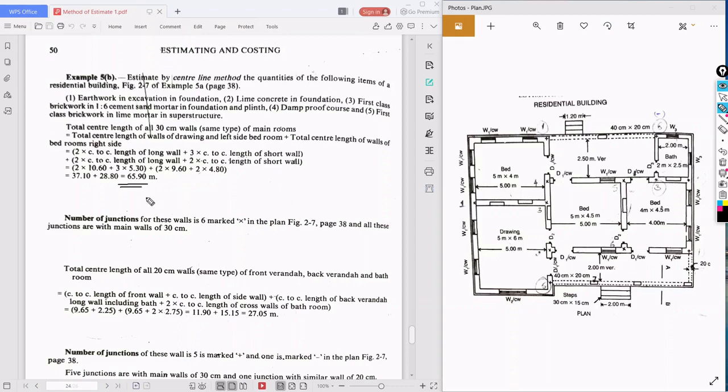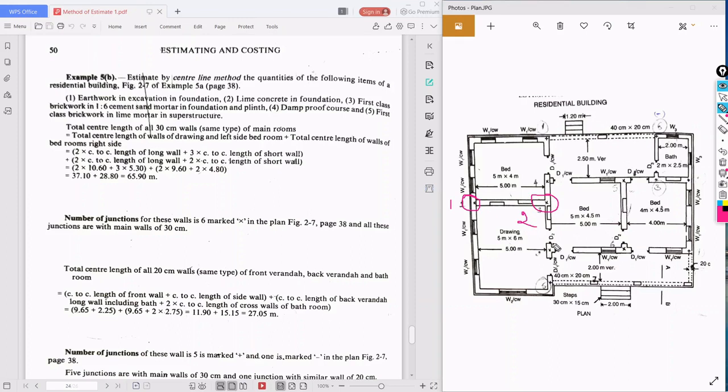Okay, so now you calculate the junctions, wherever the 30 centimeter wall is making a junction. Here it is connecting to a 30 centimeter wall: one junction. The 30 centimeter wall is connecting with a 30 centimeter wall. Next, here also, this is 2.